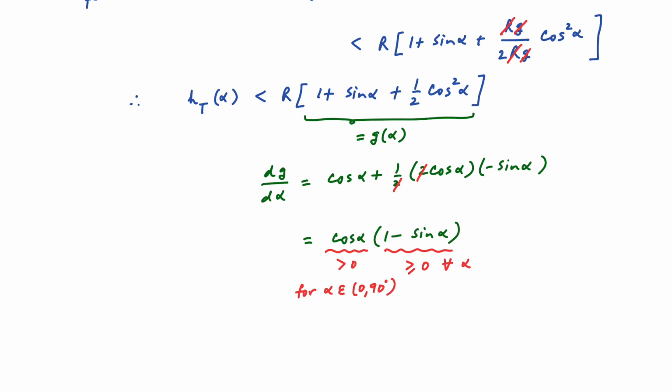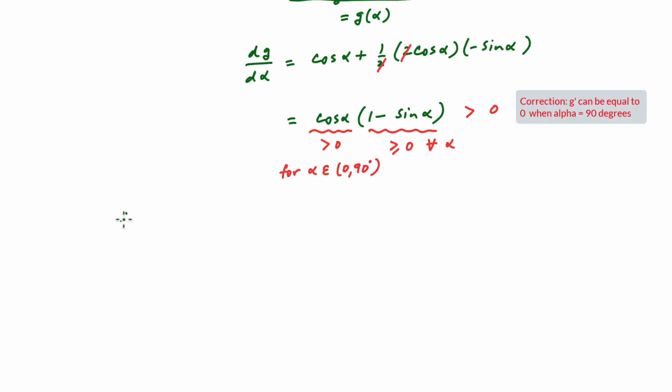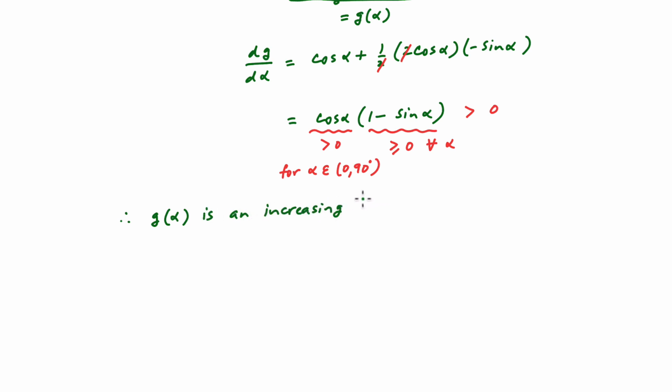Therefore, the product of both these terms will be strictly positive, which means that the function g of alpha is an increasing function. As alpha increases, the value of g of alpha also increases when alpha lies between 0 and 90 degrees.